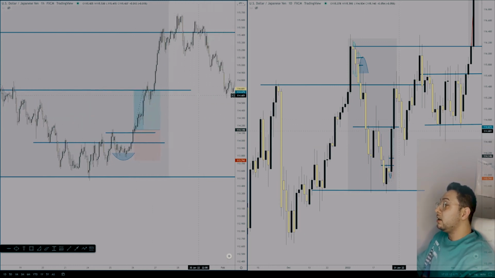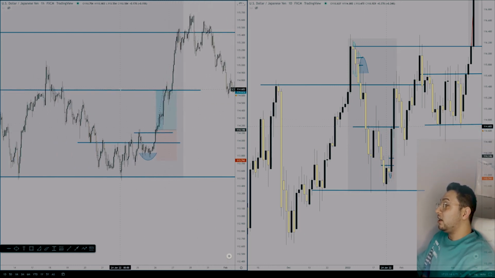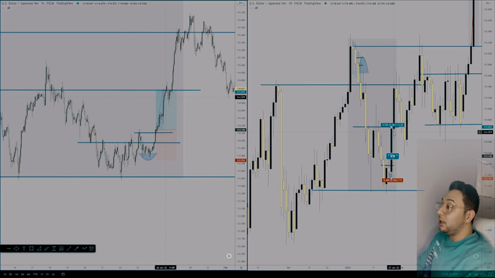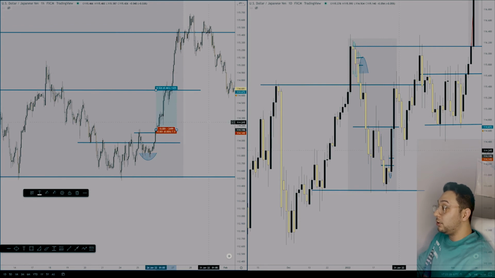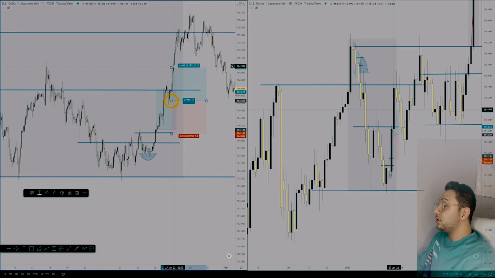And as you can see, you could have taken this trade and targeted this first level. However, if you understood structure and you're like, okay, this might break, I'm going to hold on to this, adjust my risk, make it break even, take partial, whatever the situation is, and end up catching this whole move.